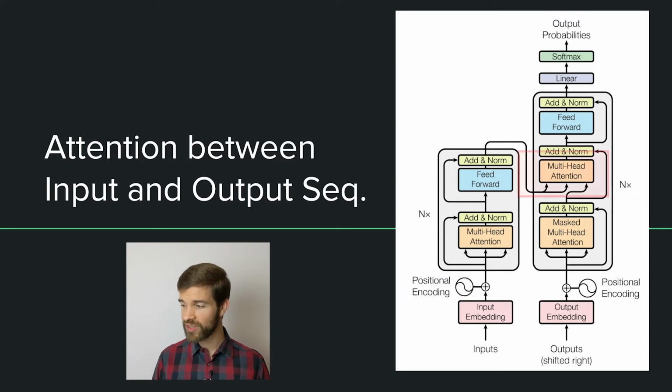And now the third multi-head attention here is the connection between those two representations. So as opposed to the input and output attention blocks here, this one is being fed information from the encoder and from the decoder. And here is where all of this sequence-to-sequence alignment between those two sequence types actually happens.